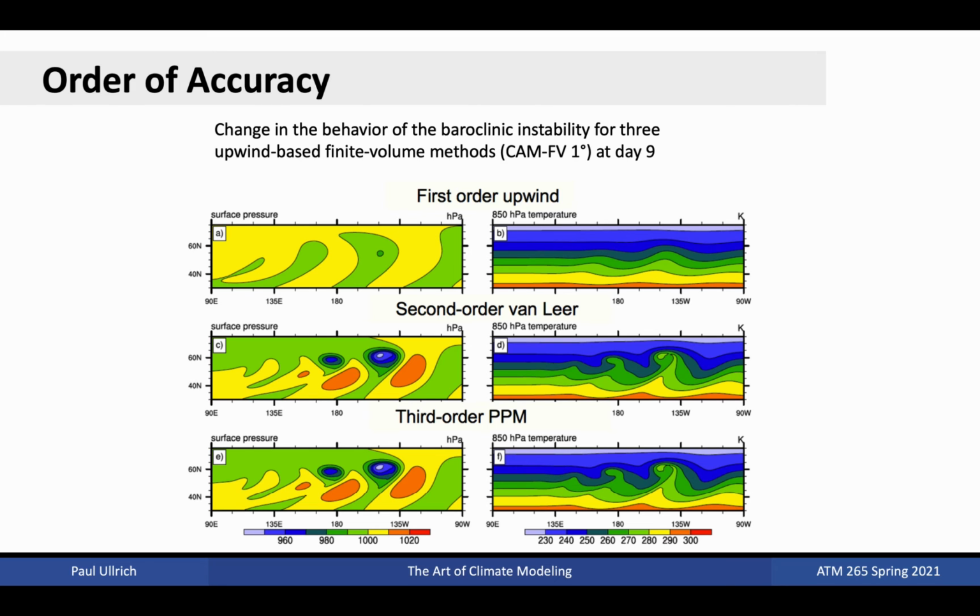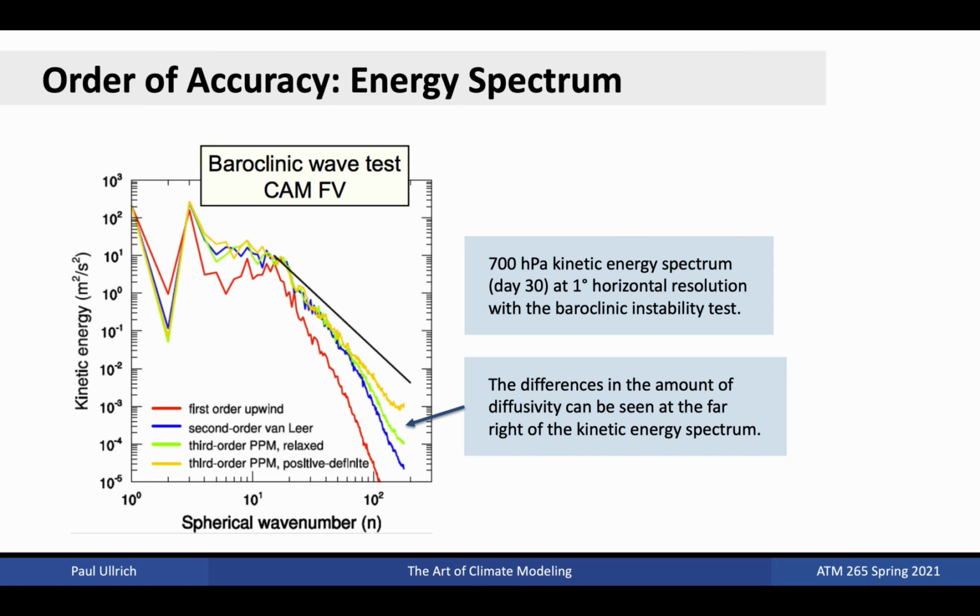This scheme's dissipative character shines through here. The baroclinic wave is barely able to form because the solution is smoothed out with each time step. On the second line, we see the second-order Van Leer scheme, which already improves dramatically on the first-order upwind scheme. Indeed, it is only slightly smoother than the third-order piecewise parabolic method, shown here on the third line.